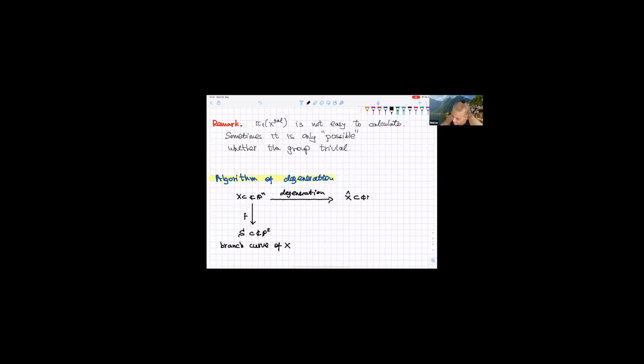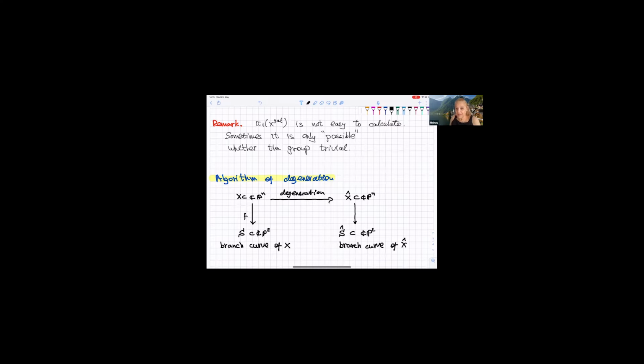It is also in CP to the N. Here we have also something like a generic projection. And here I will get S hat, which is in CP square. It is the branch curve of X hat.